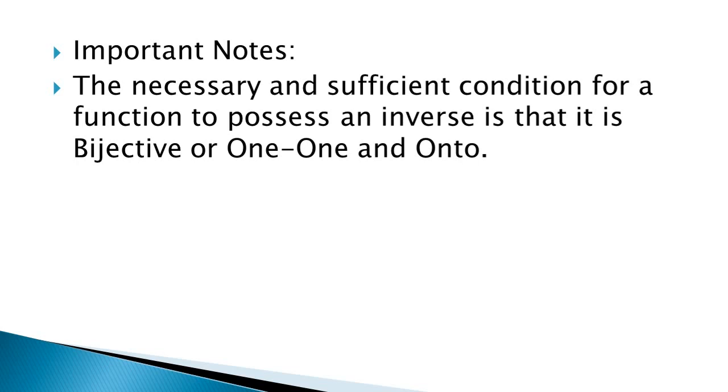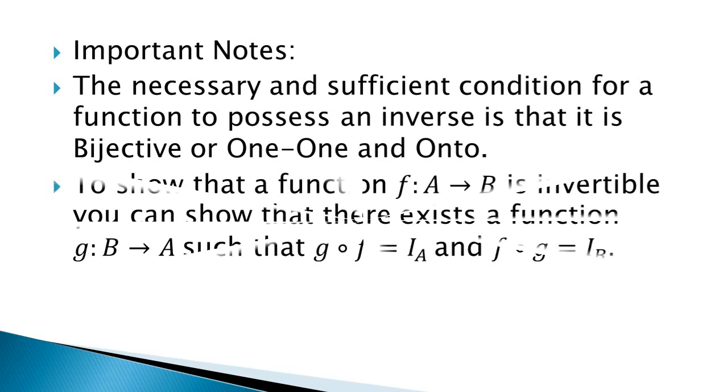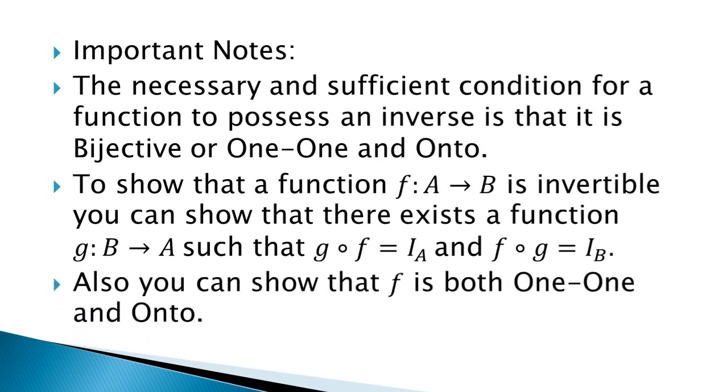Necessary and sufficient means if a function is bijective, then it will be invertible, and if the function is invertible, it must be bijective. The second one is, to show that a function f from a to b is invertible, you can show that there exists a function g from b to a such that g of f is the identity function, and f of g is also the identity function.